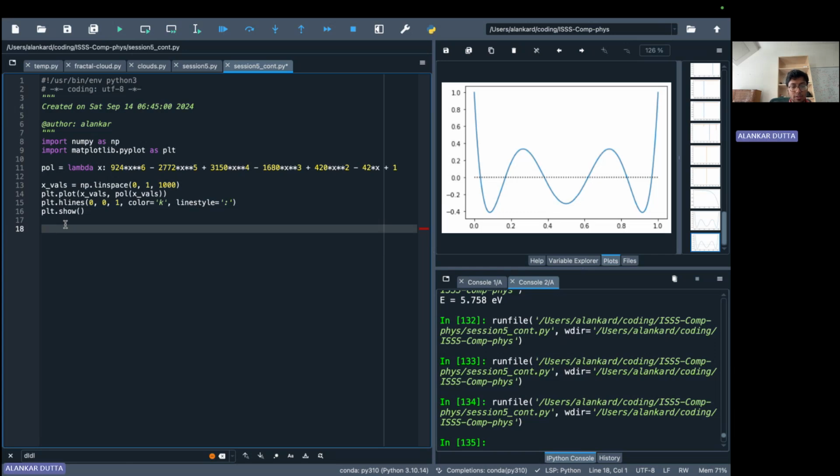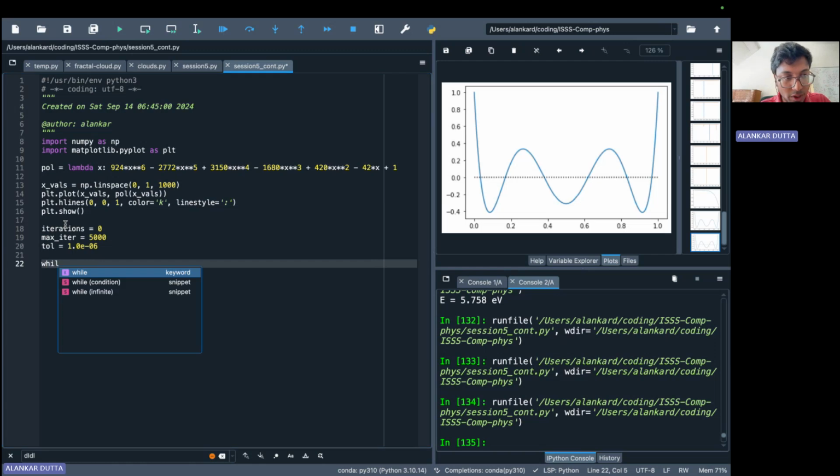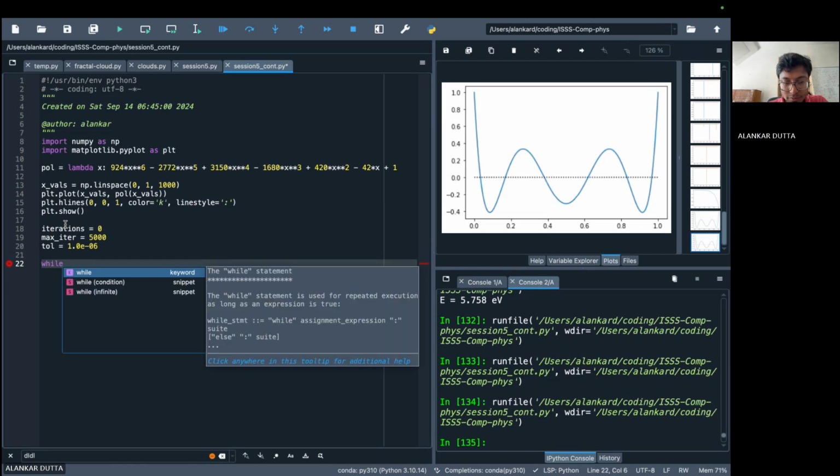So the Newton-Raphson method will again have iterations, which is 0, and max iter, let's say 5,000, and the tolerance is 1.0e-06. Now I do a while loop.